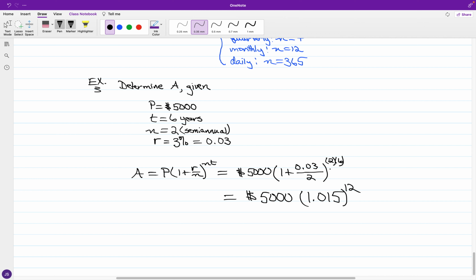Now, N times T, we have 2 times 6 is 12. Now, before I multiply by $5,000, okay, I'm going to take 1.015 to the 12th. And for this number, for 1.015 to the 12th, that's like 12 of 1.015 multiplying out.